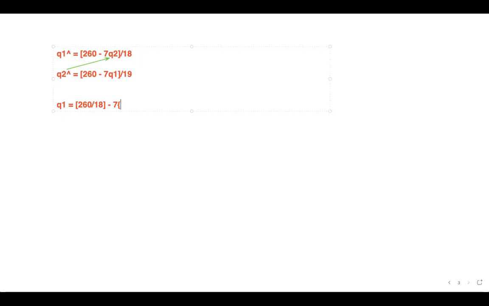So it's going to be 7 times, and then inside these curly braces, we would have 260 minus 7q1, divided by 18. If I make an algebra mistake, just say something if you disagree with me. So it's really that expression.